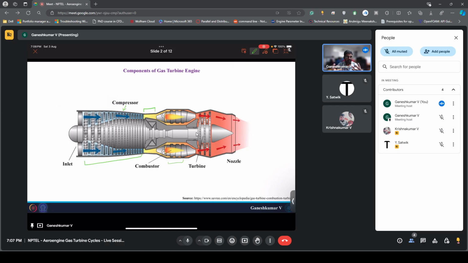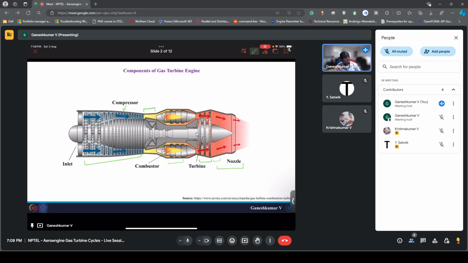This is where we inject the fuel and combust it, producing high temperature gases. These gases get expanded in the turbine and then go to the nozzle. In between the turbine and nozzle, you will have a small portion of tailpipe, if there is one. These are basically the main components of gas turbines, and we all know how it works also.